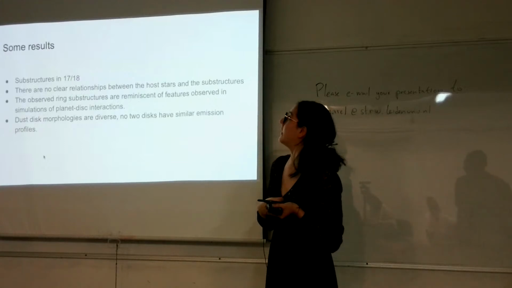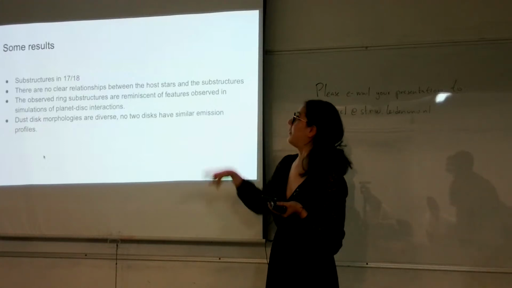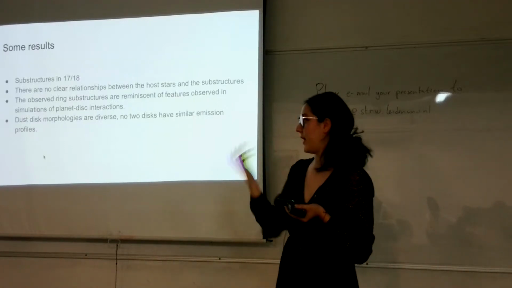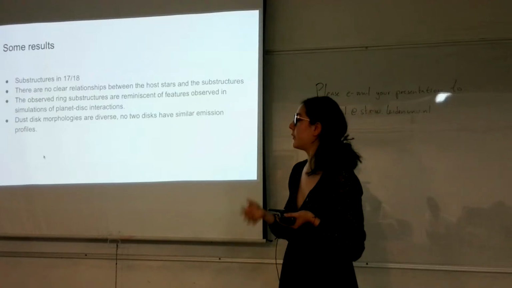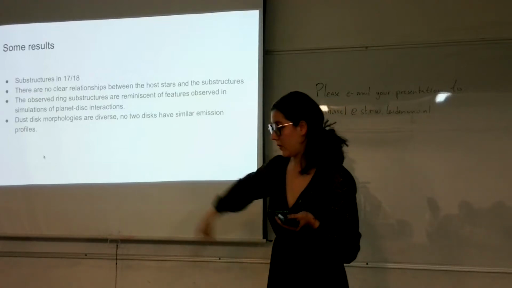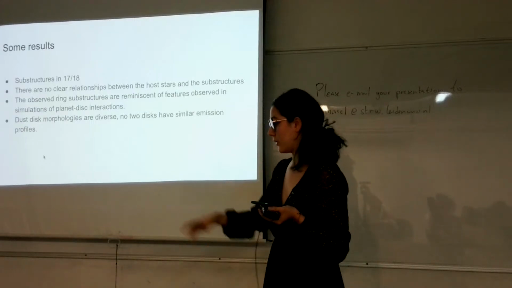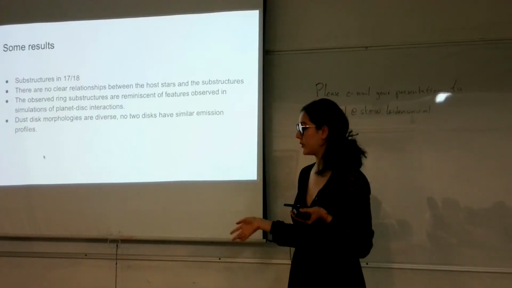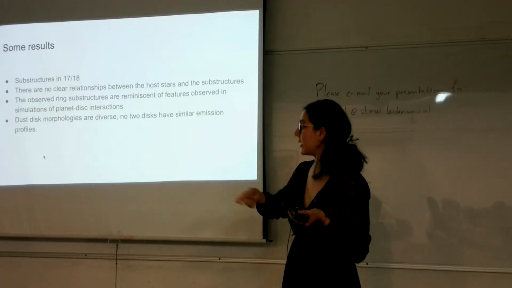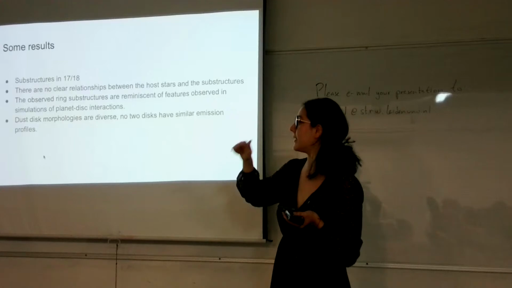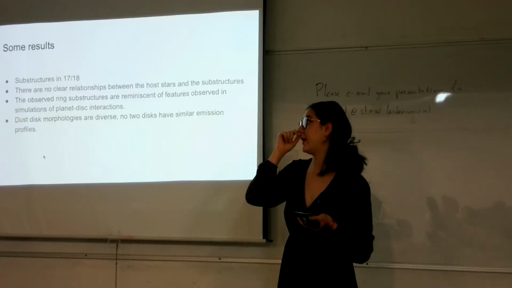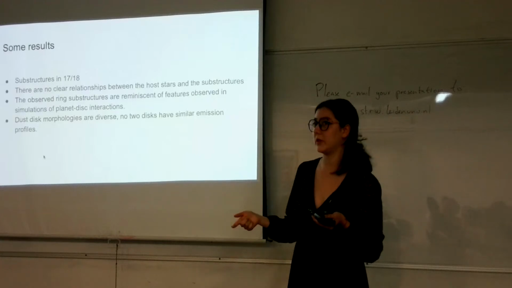Before the analysis of the substructures, we find some interesting results. For example, from all the sources, there are 18 sources, and he finds substructures in 17 of them, so the substructures are pretty common.